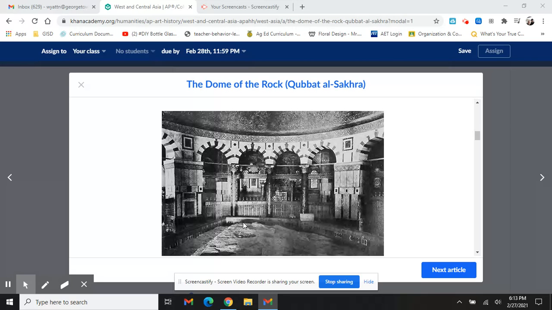And so Abraham made the other sacrifice, and the child got to go away. But that is where this is coming from. This is supposed to be the rock where the sacrifice happened.